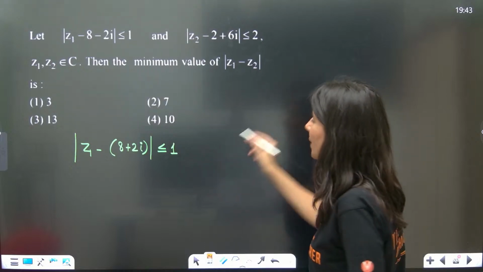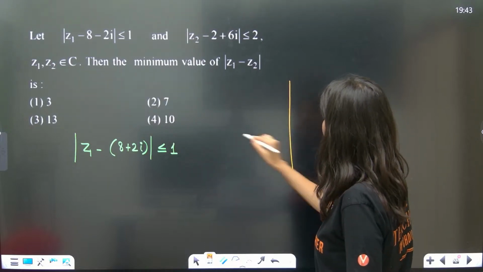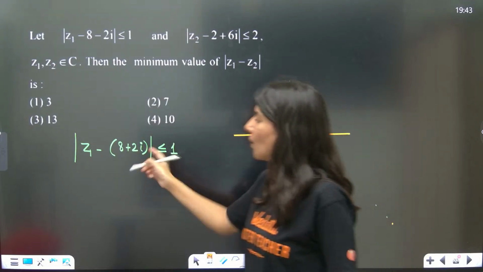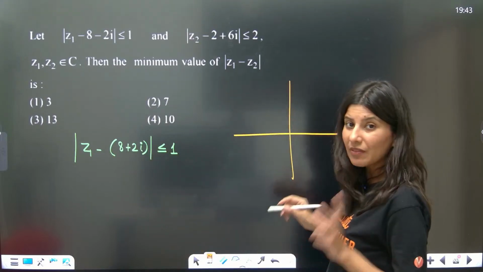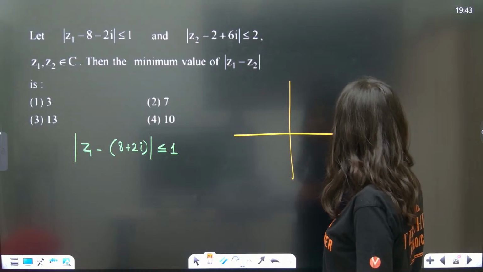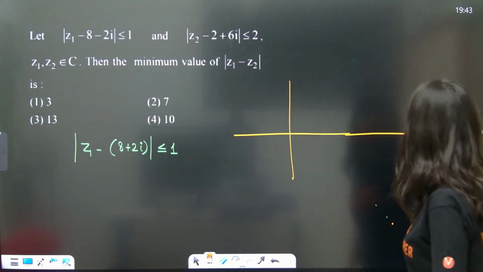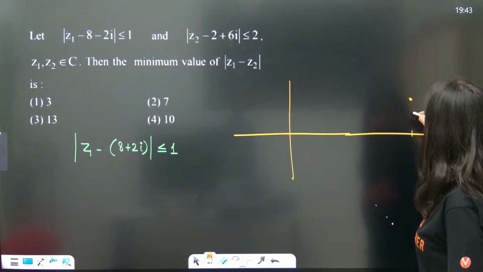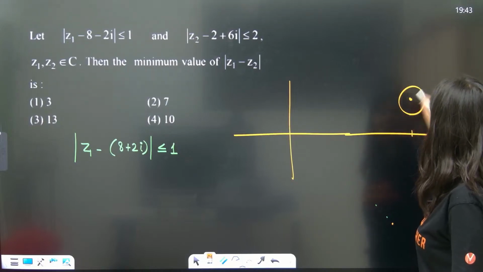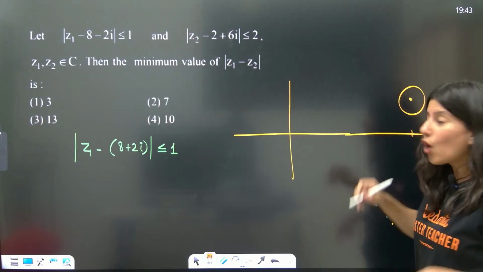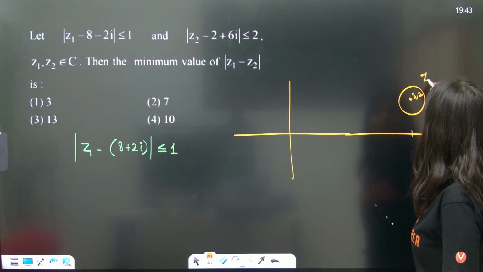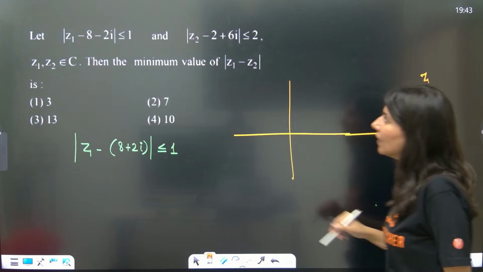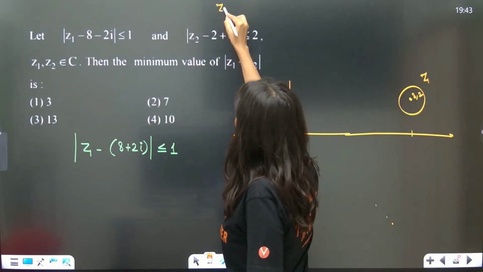So 8 comma 2 is the fixed point, and Z1 is the complex number. So the center is 8 comma 2 and the radius is 1. The circle will look like this. Z1 will be lying on or inside this circle.